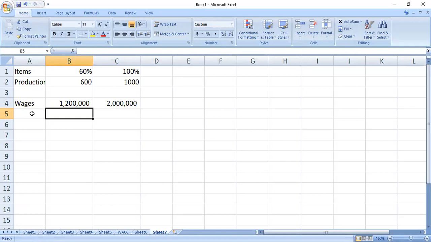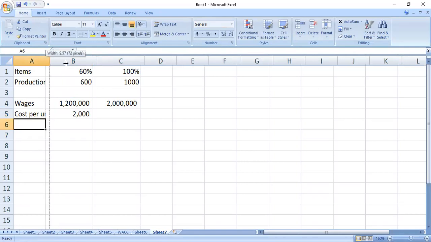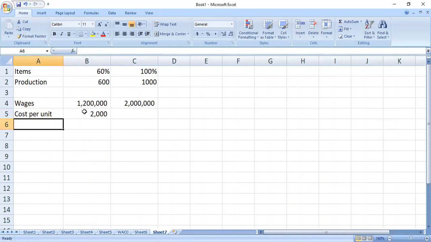The cost per unit, of course, is gotten by the total cost divided by the level of activity, isn't it? So here I have 2,000. So if wages is a variable cost, we are saying I must get 2,000 even at the activity 100.